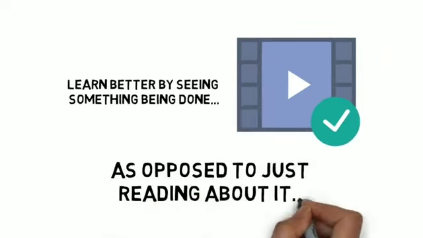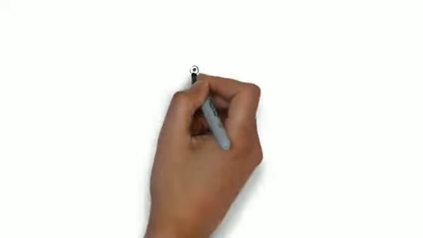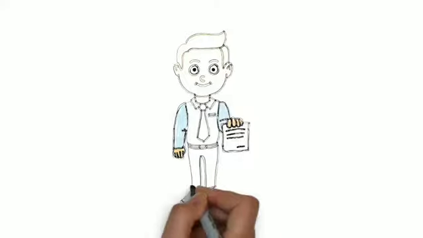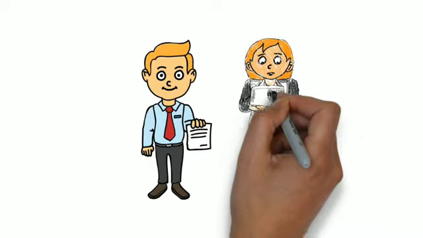How about you? How do you prefer to learn? Do you like to read and go through a guide, or do you find yourself getting better results when you watch a video or see something being done?